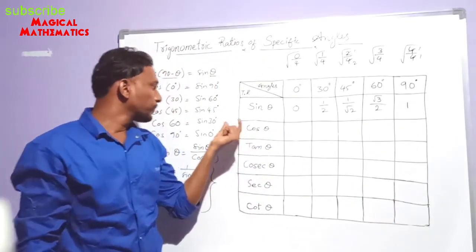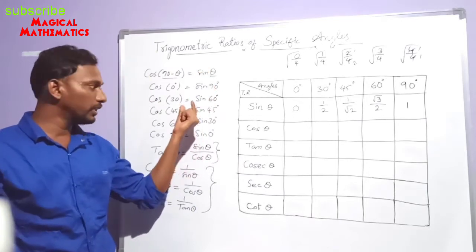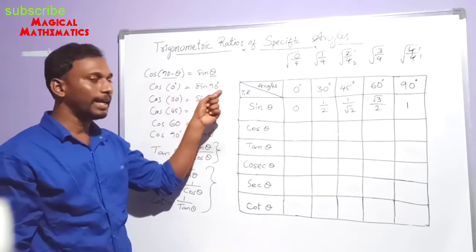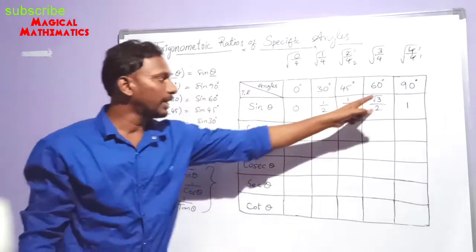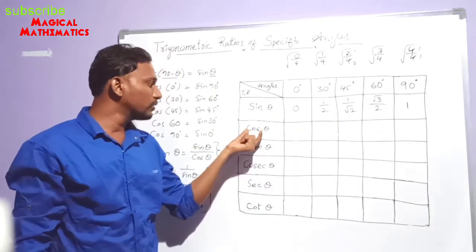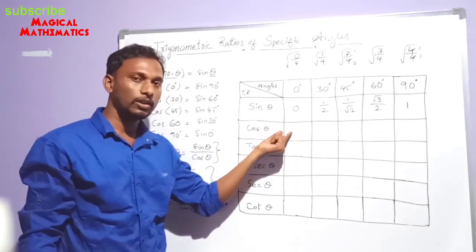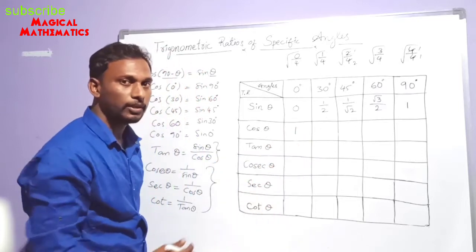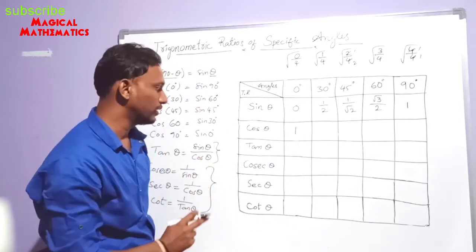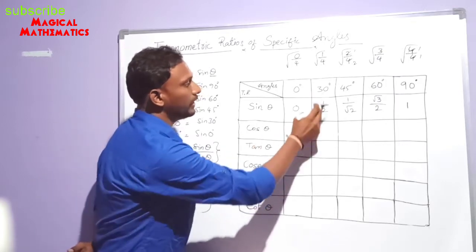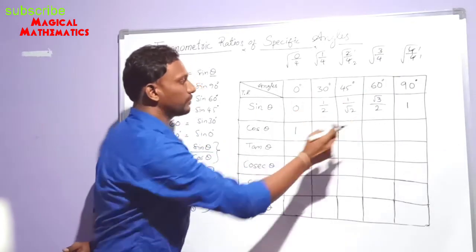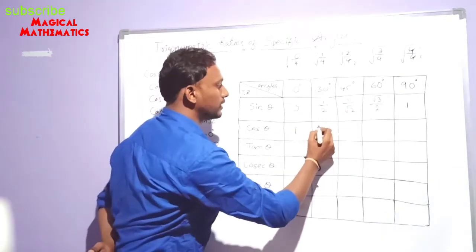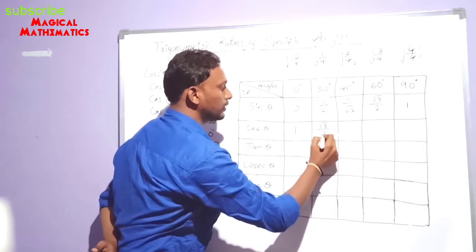From this relation, observe here, cos 0 is equal to sine 90. Whatever sine 90 value we have is directly equal to cos 0, so 1. Why? Because of the complementary angle relation. Next, cos 30 is nothing but sine 60, that is root 3 by 2.